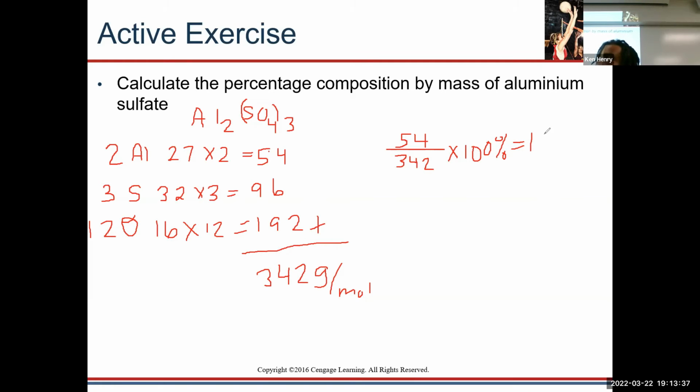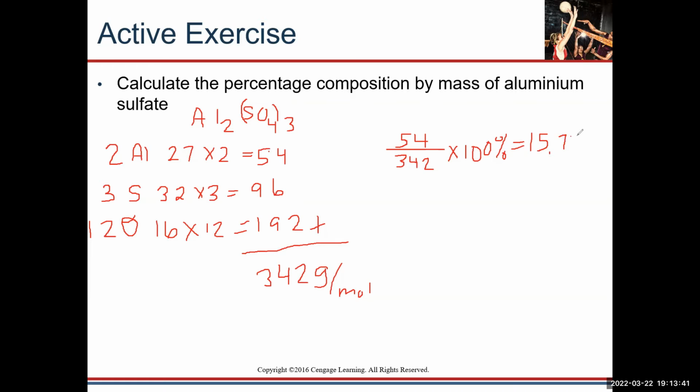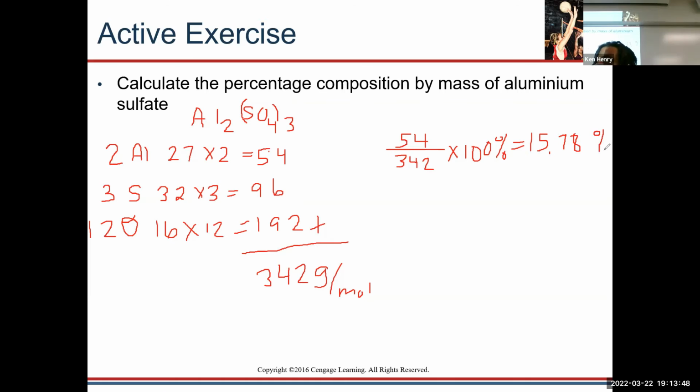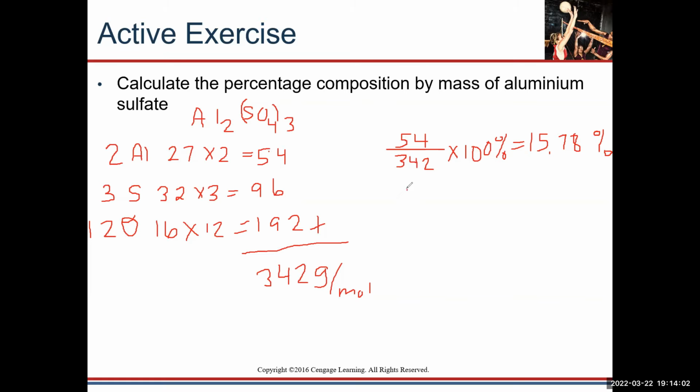So you said 15.77, I got 15.78. Okay, if I wanted to get the sulfur, what do I need to do? 96 divided by 342 times 100.